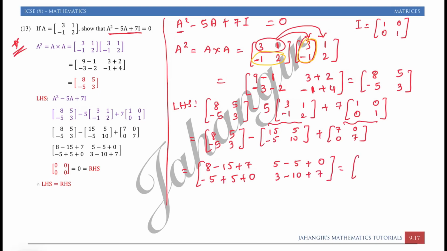If you solve, you will get 8 plus 7, 15, 15 minus 15 is 0, minus 5 plus 5 is 0, 5 minus 5 is 0, 3 plus 7, 10, 10 minus 10 is 0. So that is equal to 0, that is equal to RHS. So therefore LHS is equal to RHS.